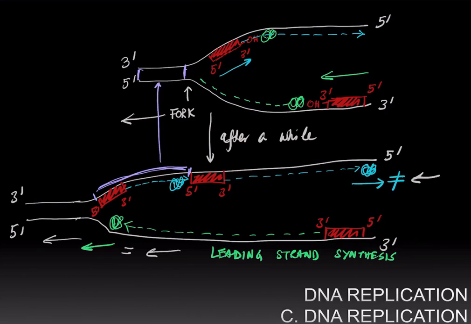This implies that the synthesis of the daughter strand on the top is fundamentally different from the synthesis of the daughter strand on the bottom template strand, and it has a special name. It's called lagging strand synthesis.